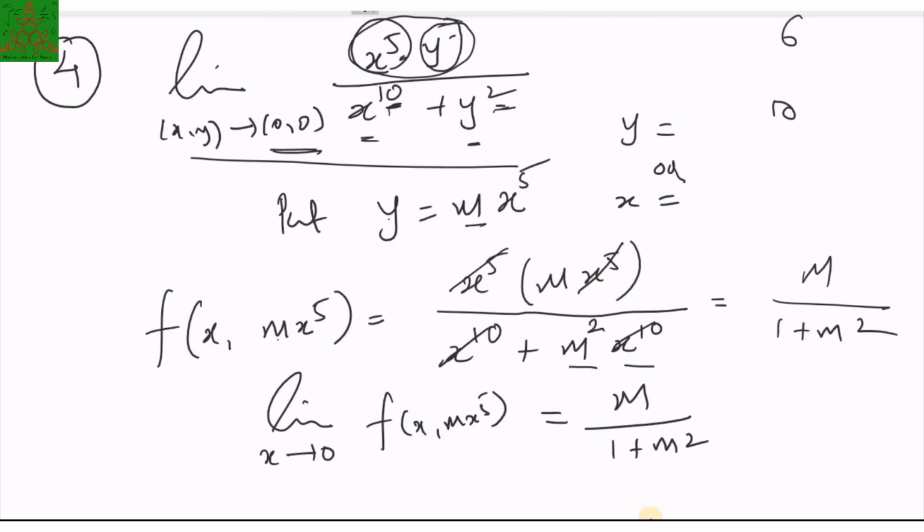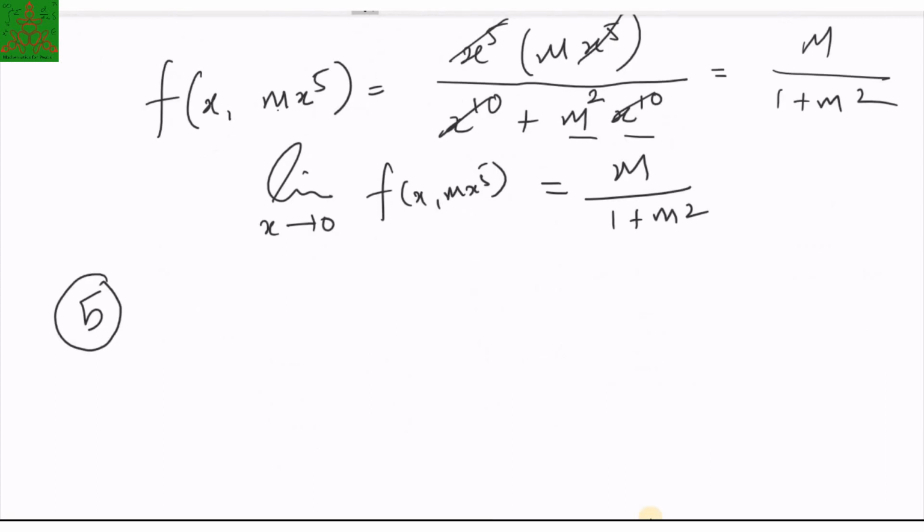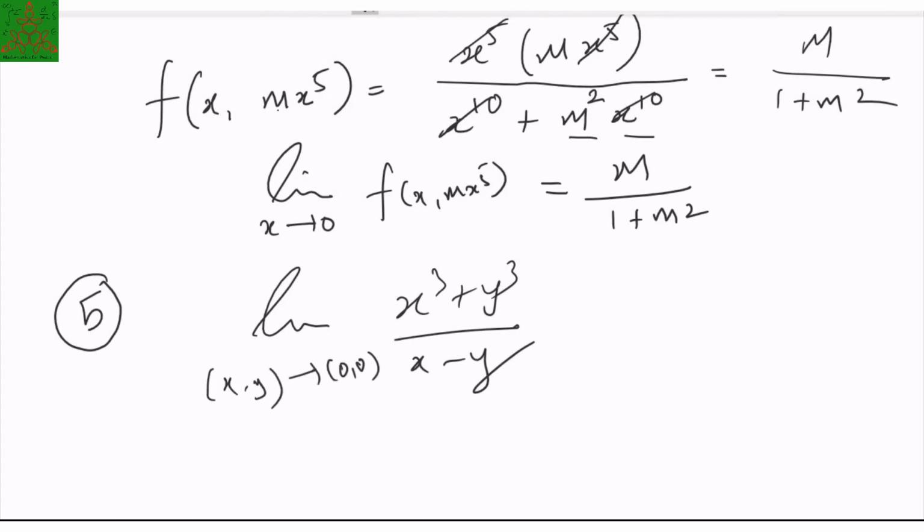Let's have another example. The logic of that example is not the same as the previous example. Let's find the limit of x cube plus y cube upon x minus y, as x, y tends to 0, 0. Here, as I told you in the above example, you just work out with the power.